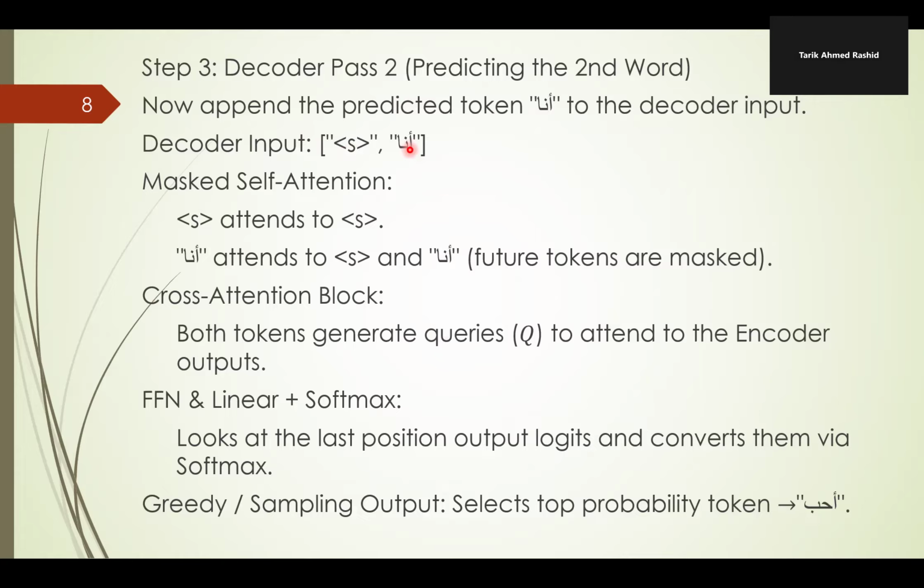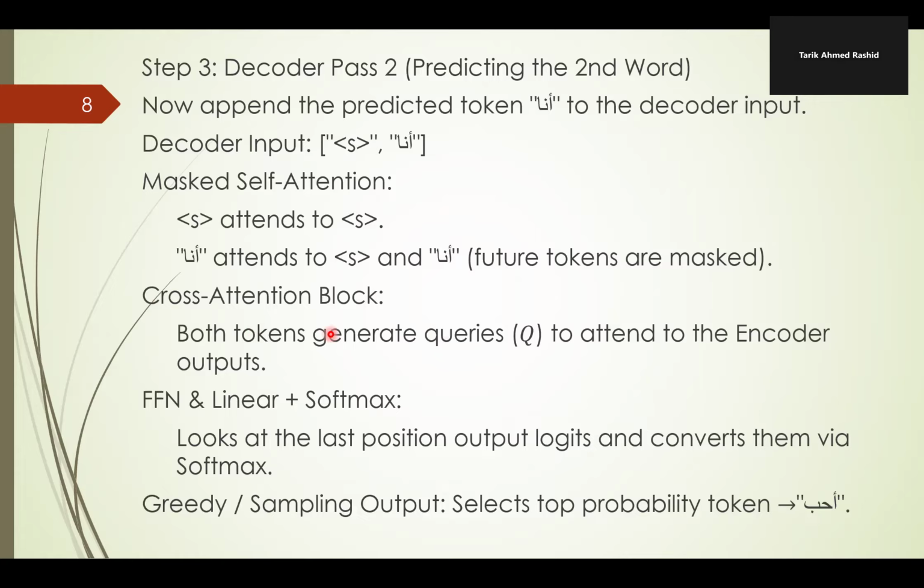The current one will be added to the input so that it goes, again, to masked self-attention. So the start token attends to itself, and ANA attends to the start token and itself, but it cannot see Ahab, because that's a future token which will be masked.